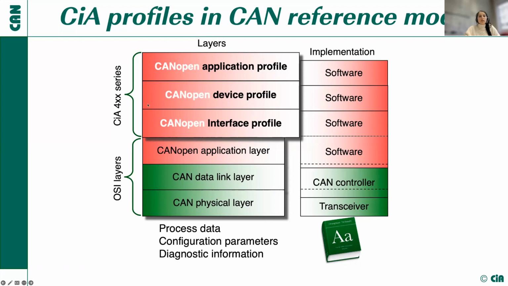The CiA 400 series are CiA profiles, and all these profiles specify processing data and configuration parameters and also diagnostic information that, in easy words, I can say in the implementation will be considered as software, and also how the functionality of them works in the software.